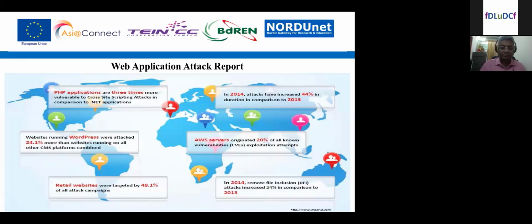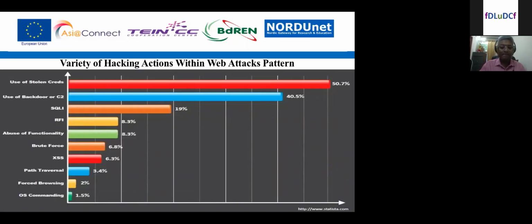What is the attacking pattern? Web attacking pattern: the usual student credential is 50.7%. This is the highest number of uses by the attacker.